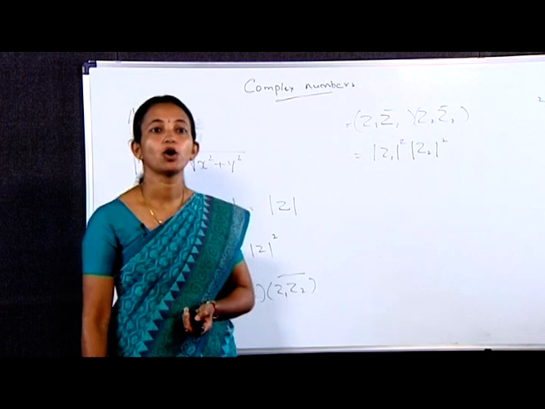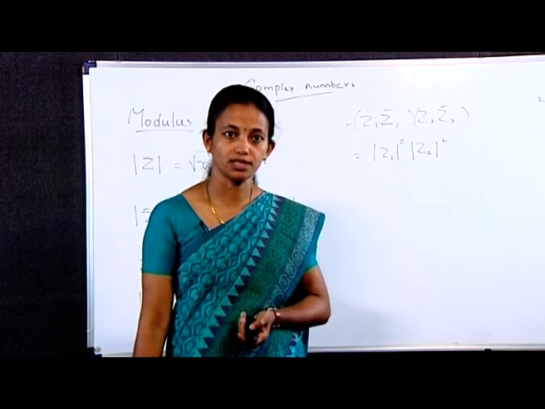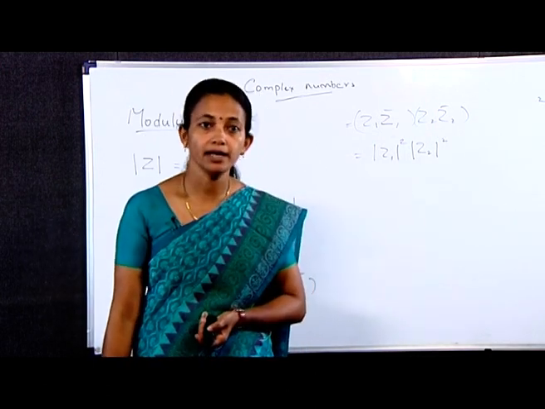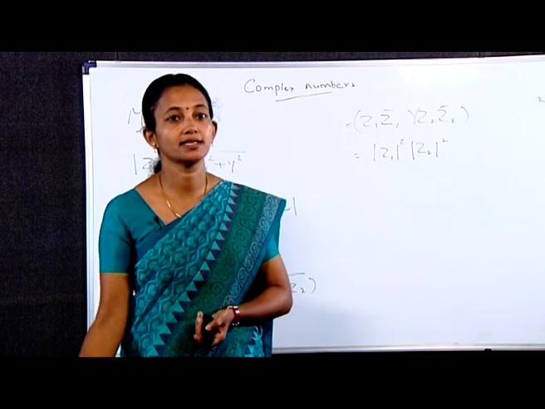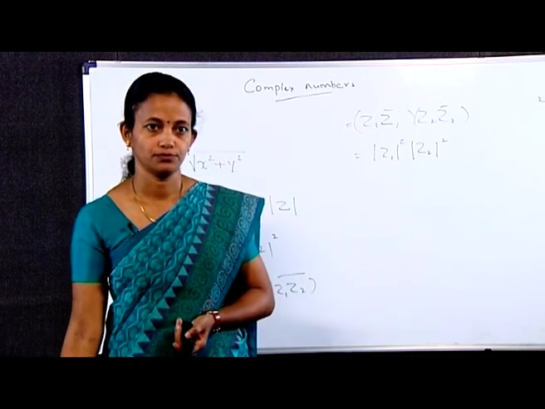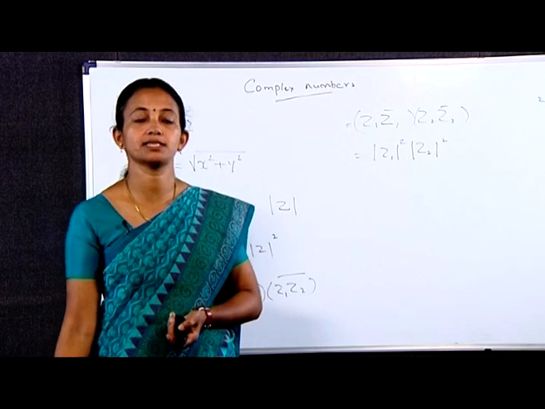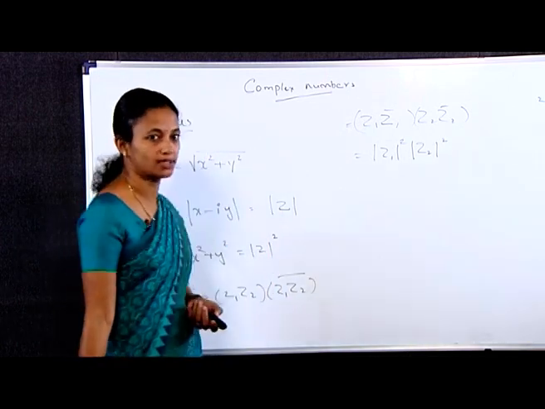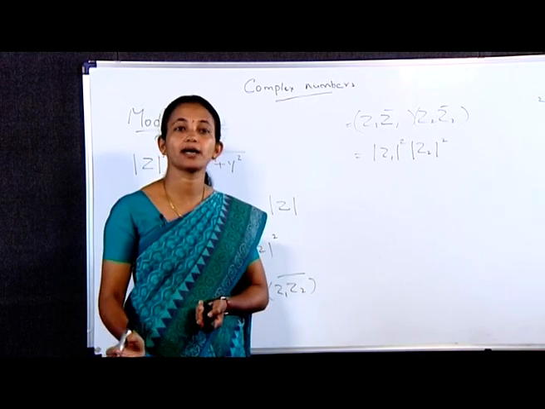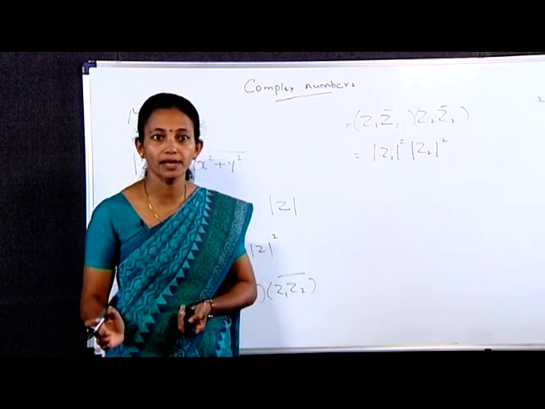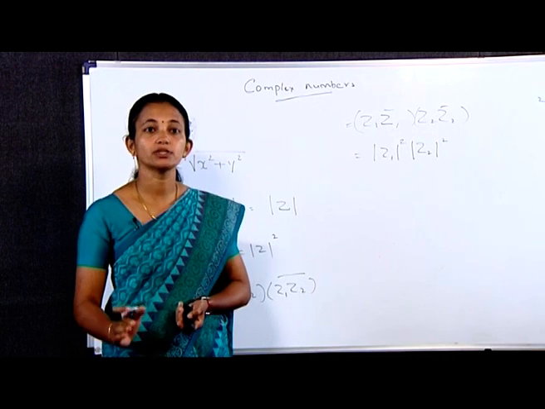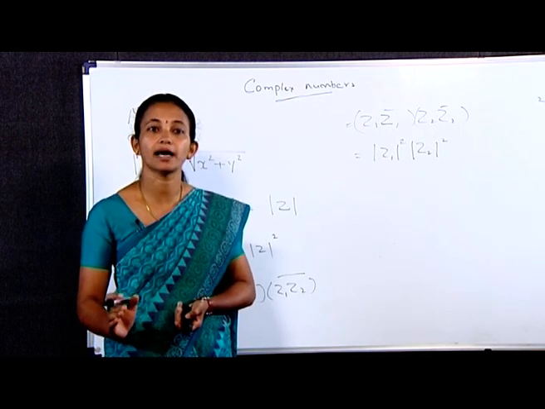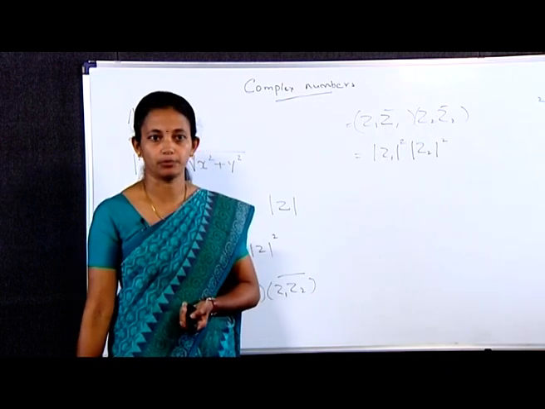Next, we have mod z1 by z2 is equal to mod z1 by mod z2, provided z2 is not equal to 0. Next, mod z1 plus z2 is always less than or equal to mod z1 plus mod z2. That is, the absolute value of the sum of two complex numbers is at most as large as the sum of the absolute values of the two numbers.